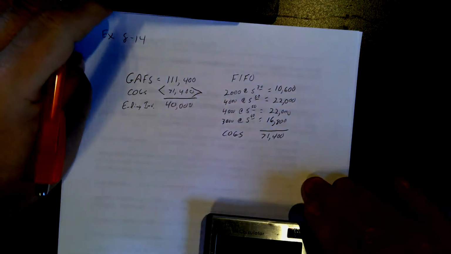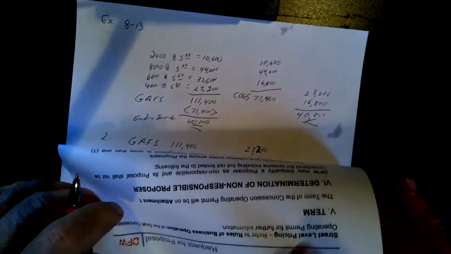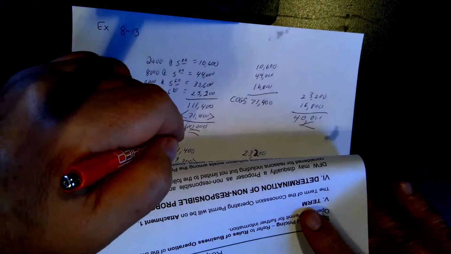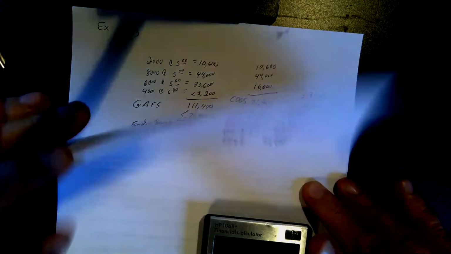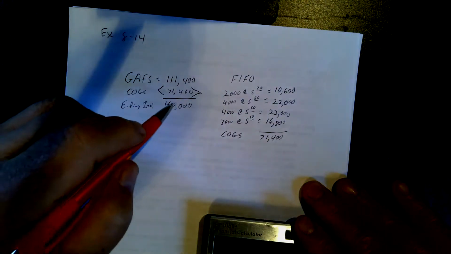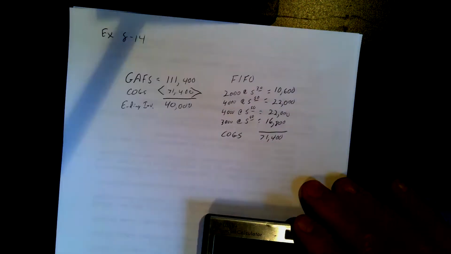Now, if you'll remember back to 8-13, that's exactly what we got before. Cost of goods sold, 71,400, and ending inventory, 40,000. And that is always the case. If you're using FIFO, it does not matter whether you're using periodic or perpetual. Your ending inventories and your cost of goods sold will always be the same.